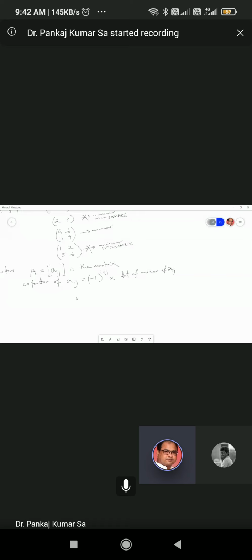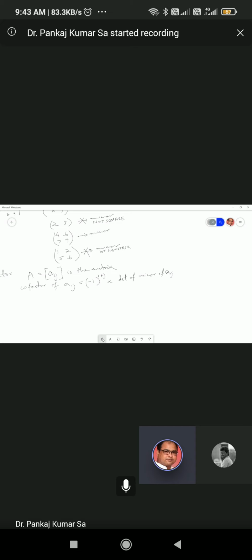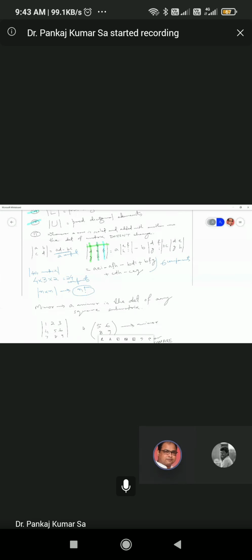Cofactor of Aij equal to minus 1 to the power i plus j times determinant of minor of Aij times Aij, right? Okay, that's correct now. So that is what I was trying to convey here, that this is a very expensive way of calculating things.